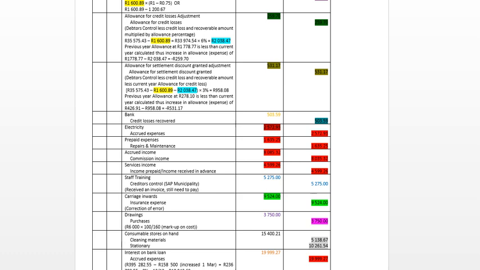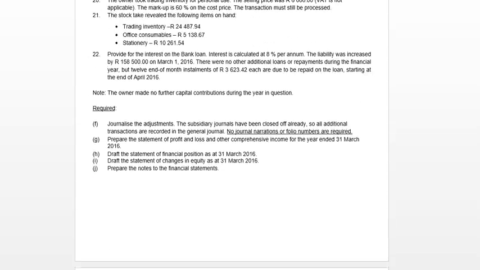So we're going to debit our electricity 2,572 and 93 cents. And we know that we still need to make this payment, so it will be an accrued expense. And accrued expense is a current liability to you, so you will credit 2,572 Rand and 93 cents in terms of accrued expenses.